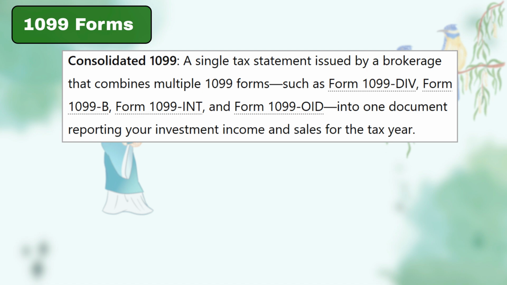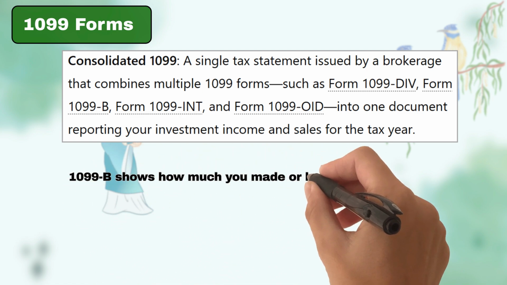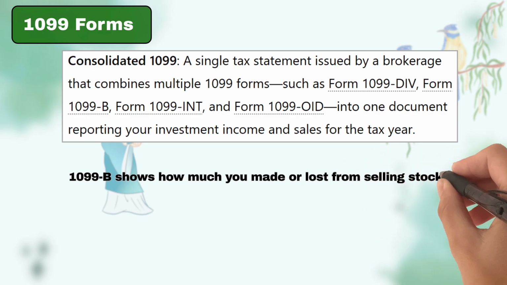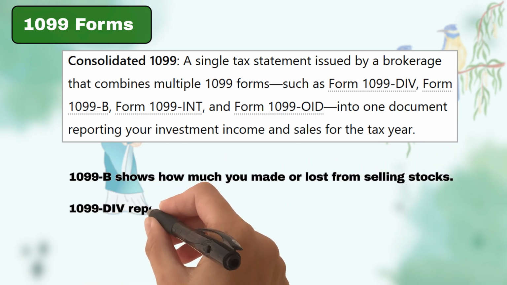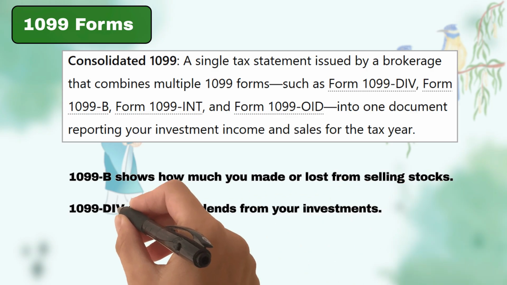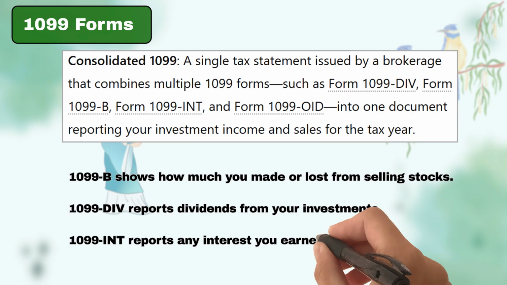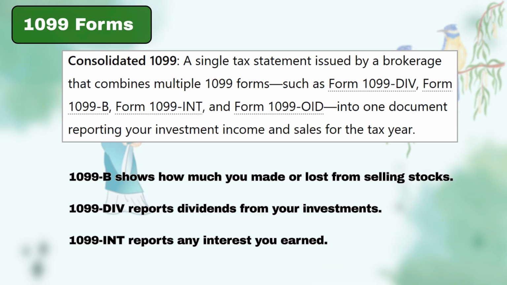For instance, 1099-B shows how much you made or lost from selling stocks. 1099-DIV reports dividends from your investments. 1099-INT reports any interest you earned. There may be other 1099 forms included depending on your account activity.